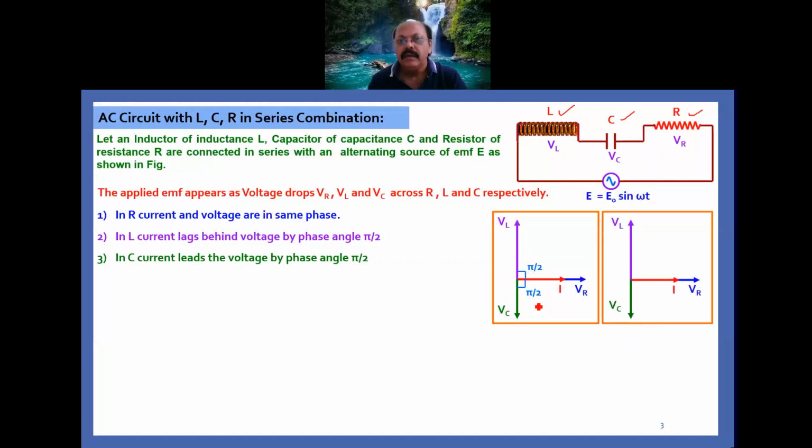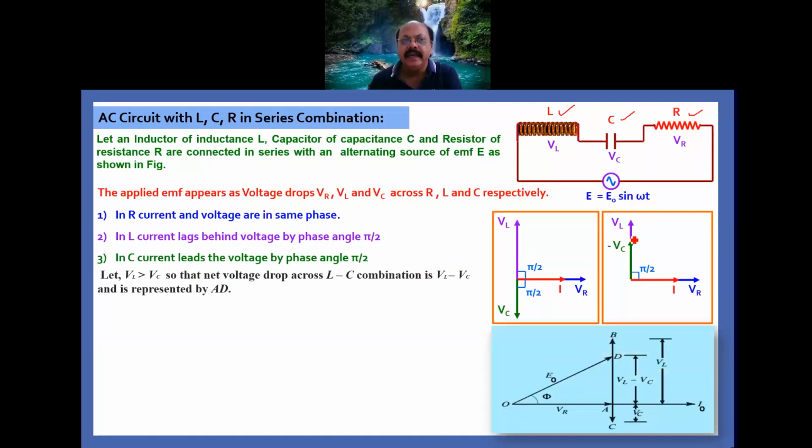Now here we are assuming that VL is greater than VC. So when VL is greater than VC, you can see that this portion becomes VL minus VC. We have to use this concept in the impedance triangle.